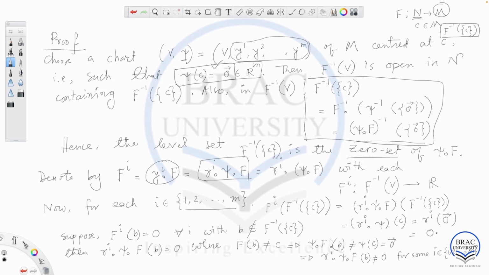Since psi composed with F of B is not equal to the 0 vector, at least one of its components will be non-zero. Okay, but we have seen that this is equal to 0 for all i, so this is a contradiction.